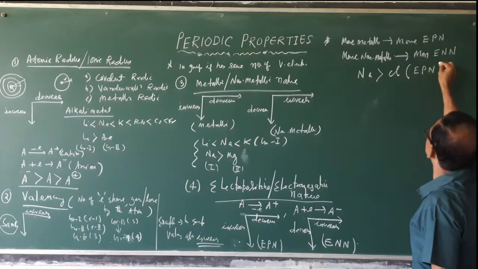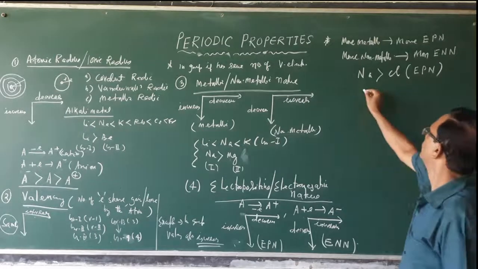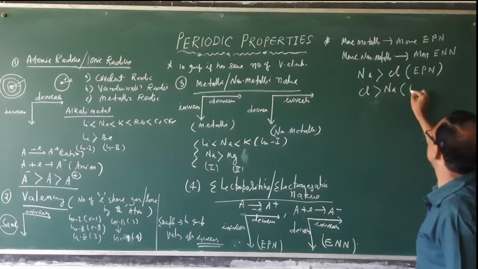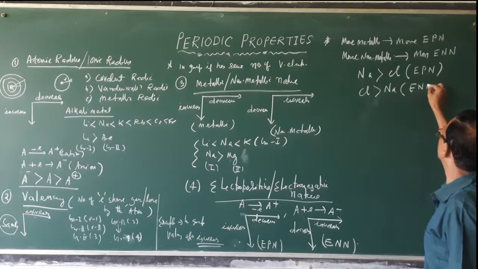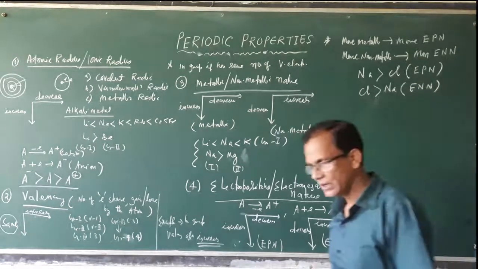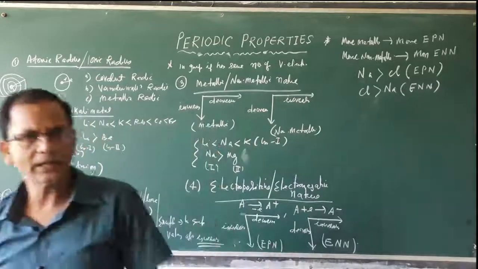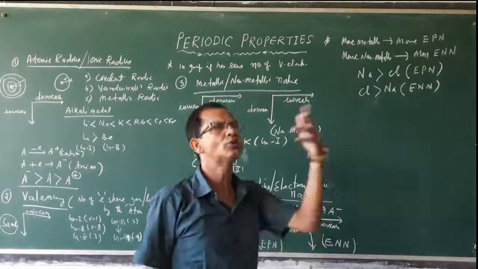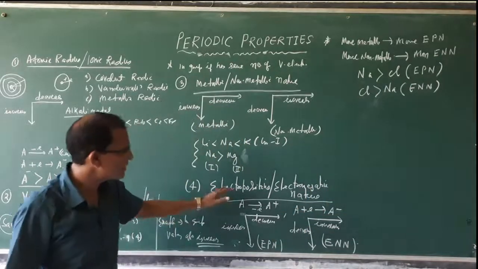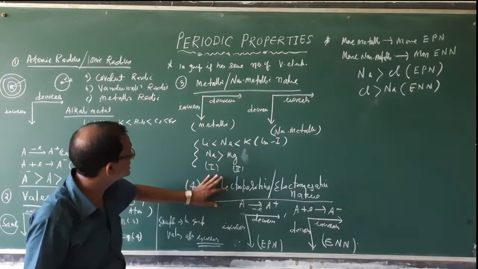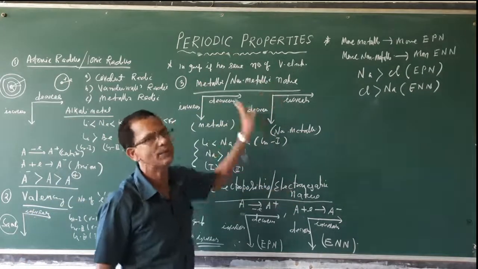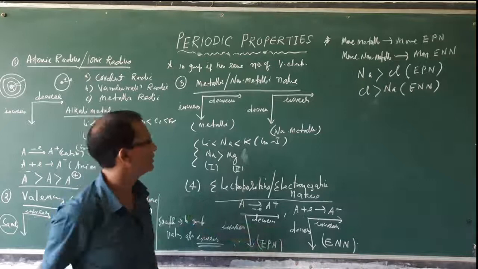If the comparison is opposite, chlorine is greater than sodium in electronegative nature. More metallic, more electropositive. More non-metallic, more electronegative. Electropositive and metallic, electronegative and non-metallic, are the same. So don't be confused by this.